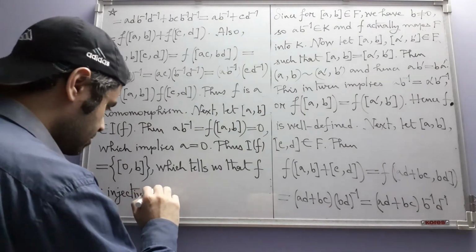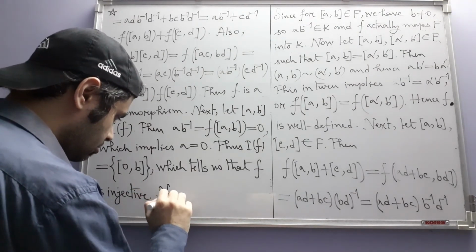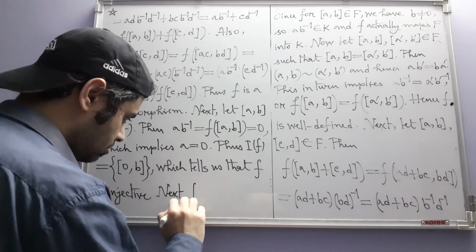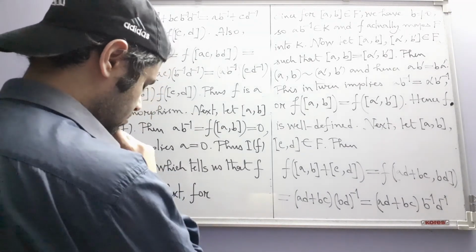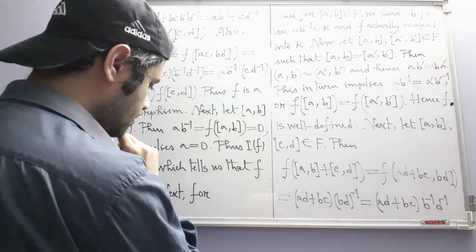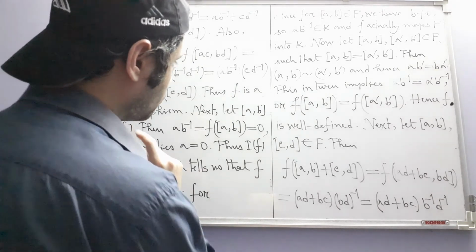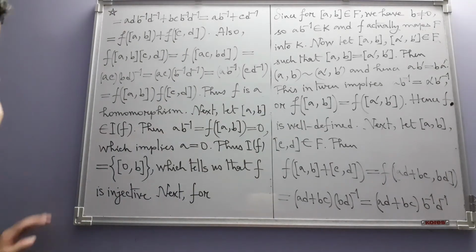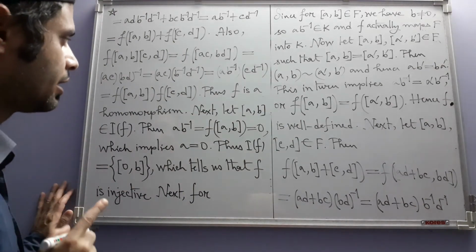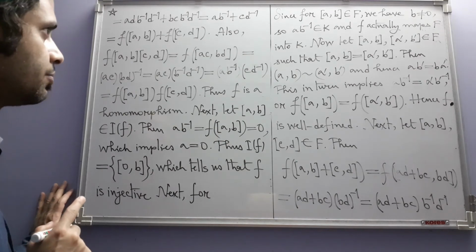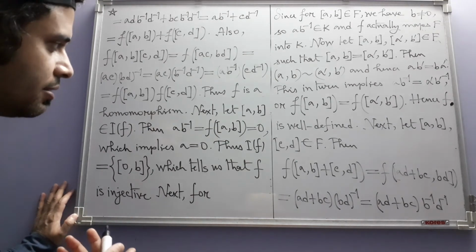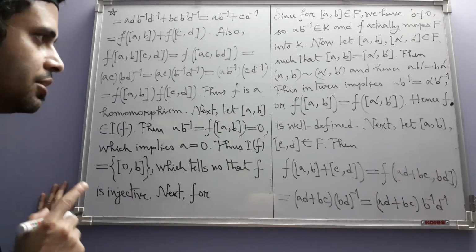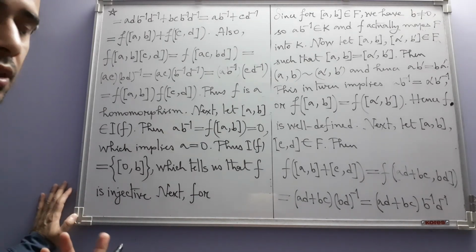Okay. Next, for D. Okay. Oh, I think I forgot about one aspect of this problem. Just like Herstein, I think I forgot that D can be 0. What about that situation?